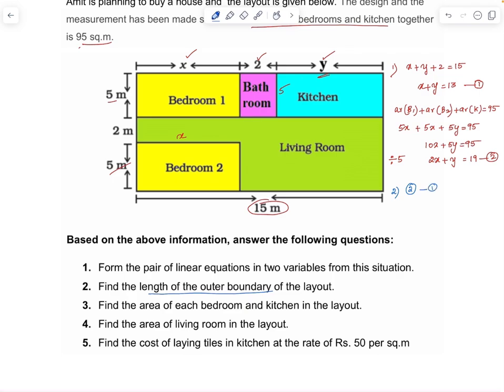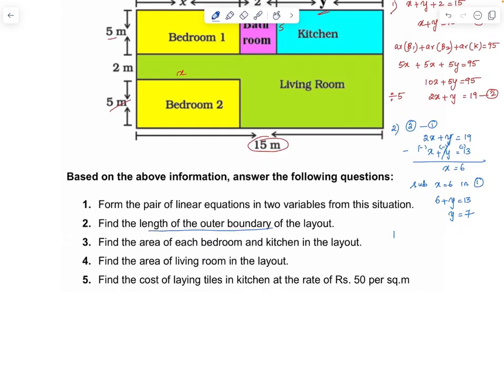Equation 2 minus equation 1, that is 2x plus y is 19 minus x plus y is equal to 13. On subtracting, we get x is equal to 6. Substituting x value in equation 1, we get 6 plus y is 13. So y is equal to 7.